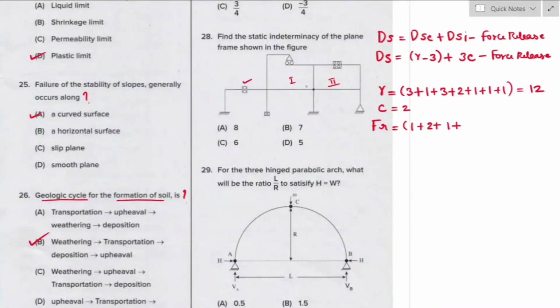And for this internal hinge the number of force releases is m minus 1. M is the number of members meeting at the point, so the total number of members meeting at the point is 4, so 4 minus 1. Therefore force releases will be 7.